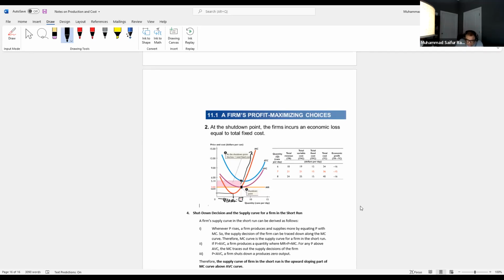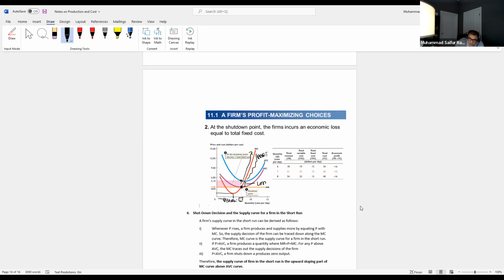In a range, they are not going to be able to earn any profit. In another range, they are going to be able to earn profit, real profit. But combining those, we notice that the lowest point of the firm's production decision is at 7 units of output and $3 price.